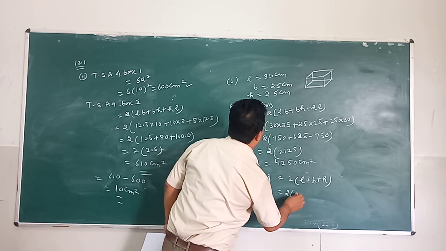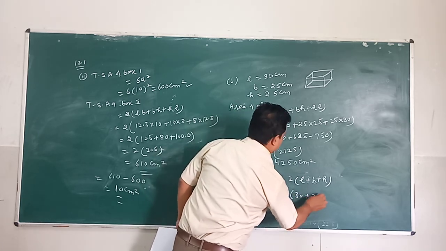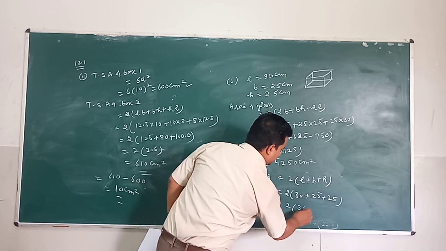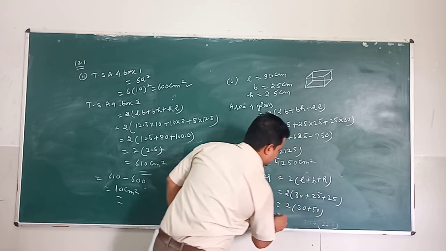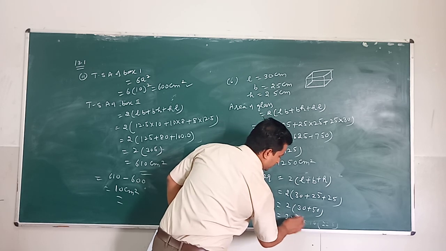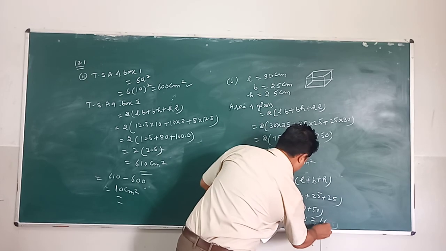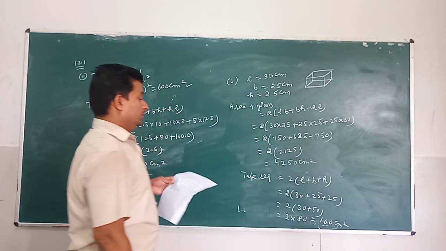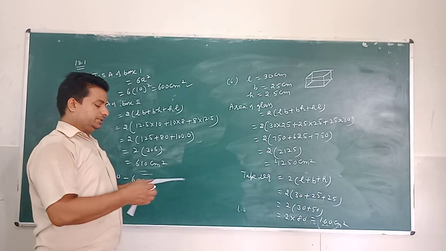So tape required is 4 times 30 plus 25 plus 25, which is 4 times 80. So 320 centimeter is the total tape required. This is the answer.